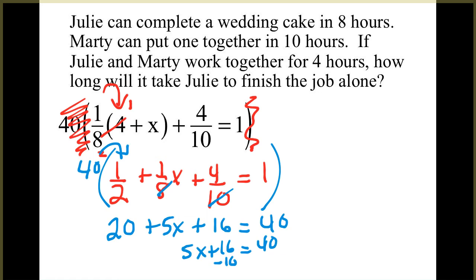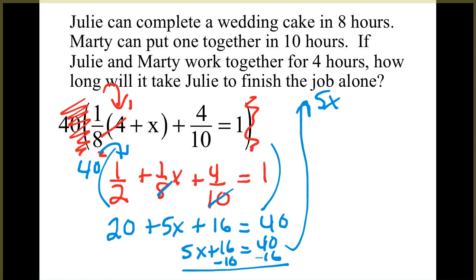Subtract 16. I'm doing something wrong here. We're left with, there we go.